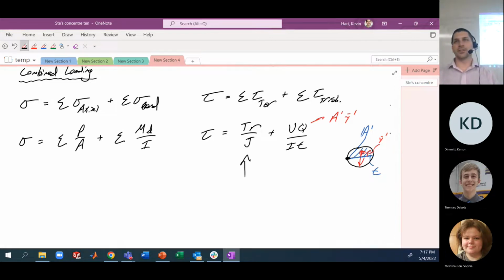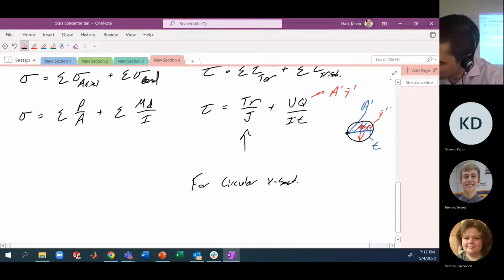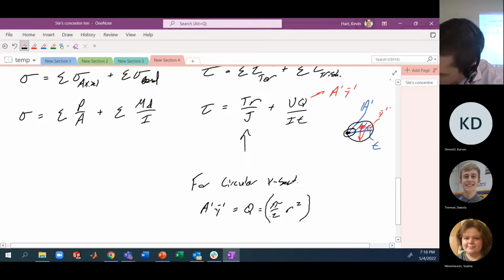So when it comes to a circular cross-section, there's a really easy way to calculate Q. If you're at one of these points that's right in the middle of the cross-section, then A prime, Y bar prime, which is Q, is pi on 2 R squared times 4R on 3 pi. And this actually simplifies quite easily to 2/3 R to the third.